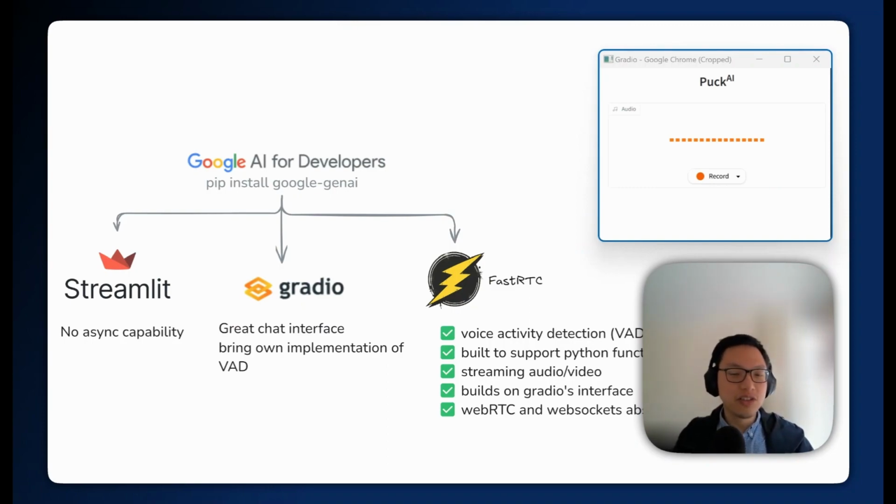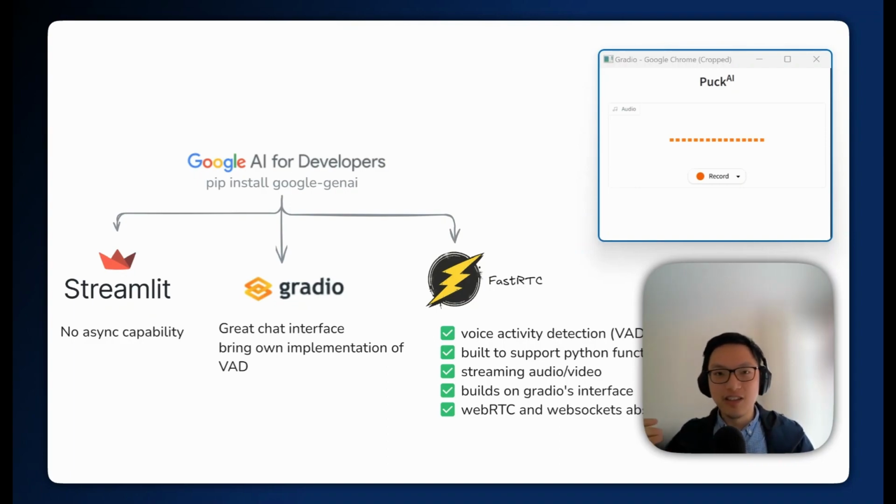If you're not really familiar with it, I can share it in the next section. So this wasn't perfect for me because I had to use some janky embedded JavaScript, and I didn't really understand what was going on. So I went to search the web and I found this one called FastRTC. It's kind of a play on FastAPI and a really great library if you want to do something like this.